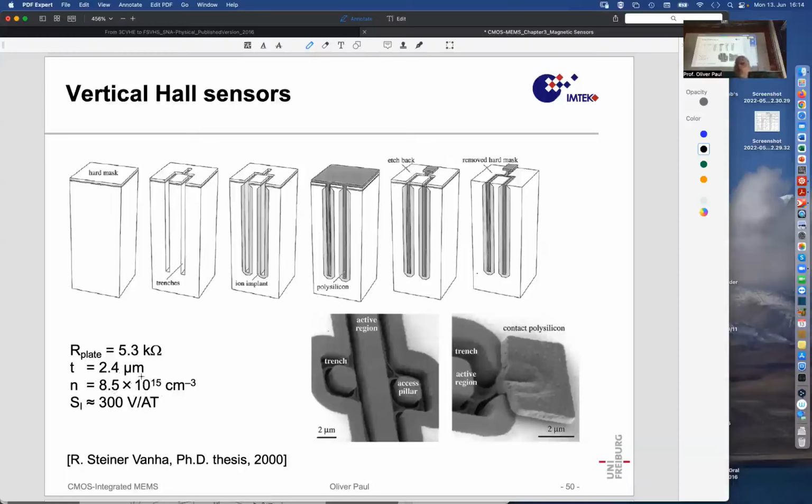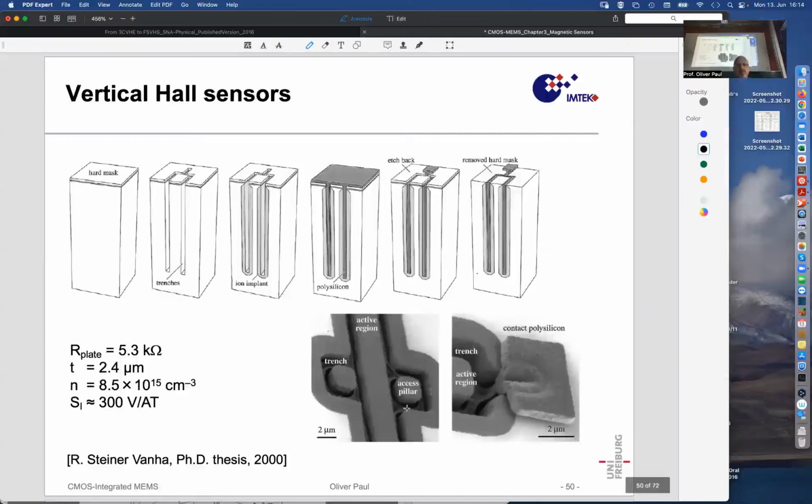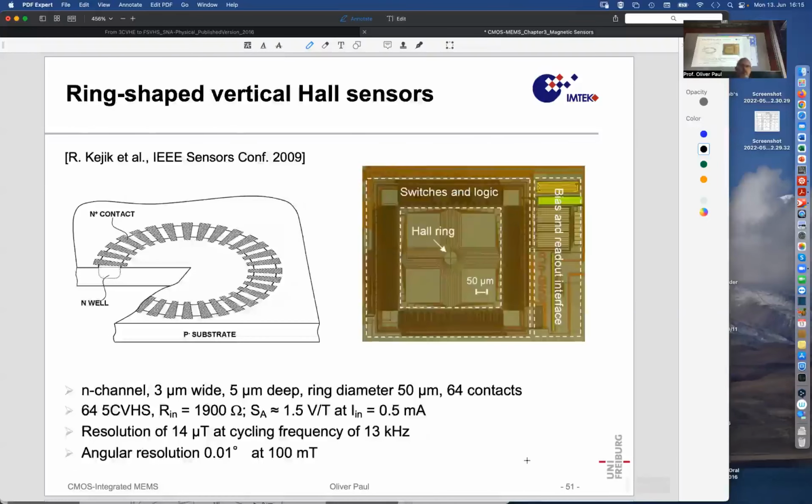Well, that's a lower doping of a well type, and the thickness of the plate, and by this I mean the thickness between the PN junctions of this N region in the middle and these P diffusions on the side of the trenches, was 2.4 micrometers. And so you have here the active region, you have here the access pillar, which is also active. And so that is how this device worked.